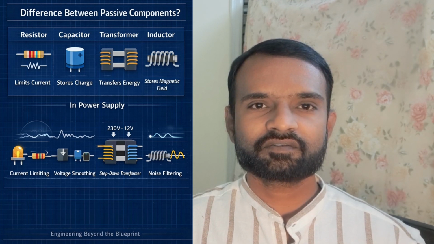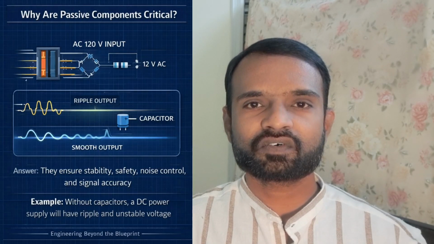Likewise, an inductor's functionality is to store energy in a magnetic field. Example: in a power supply, a resistor is used for current limiting, a capacitor is used for voltage smoothing, and a transformer is used to convert AC voltage, for example 230 volts from the primary to 12 volts at the secondary. An inductor is used for noise filtering.